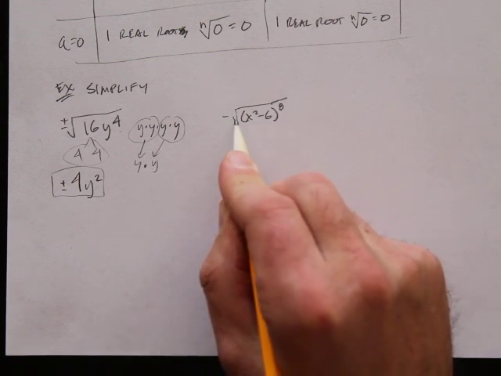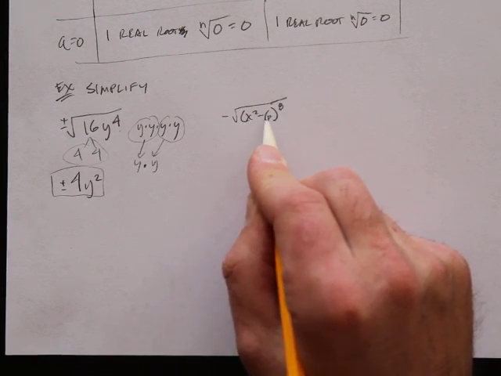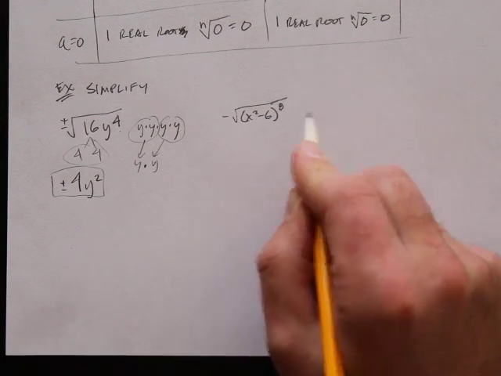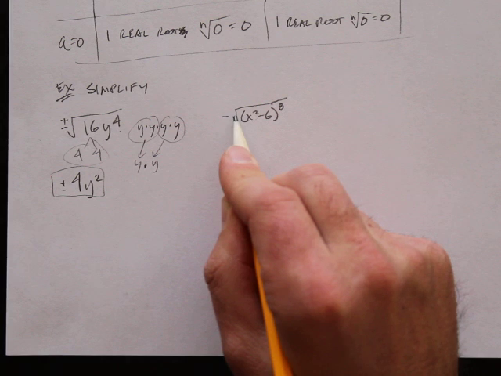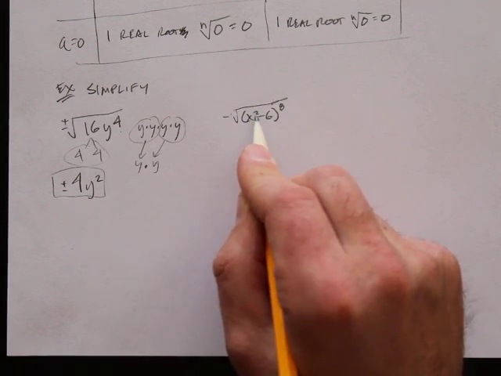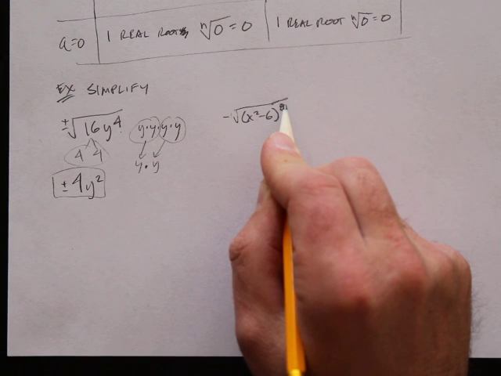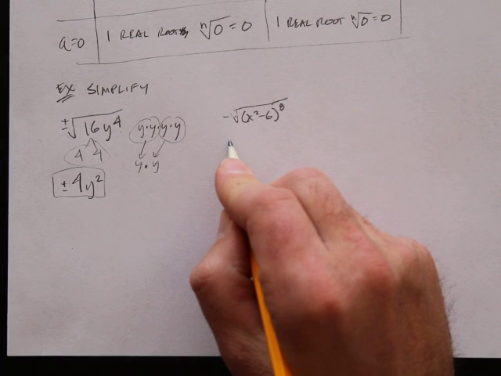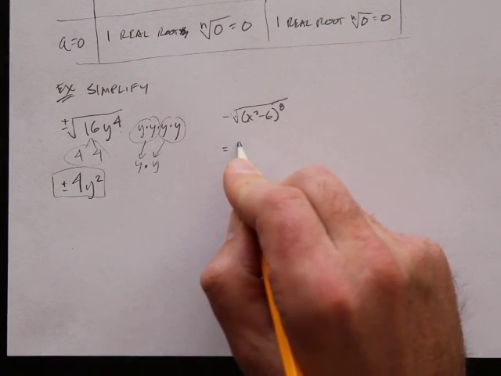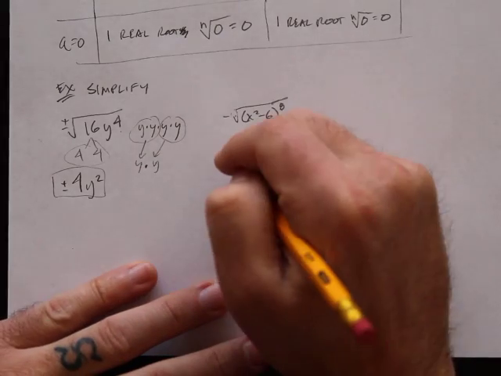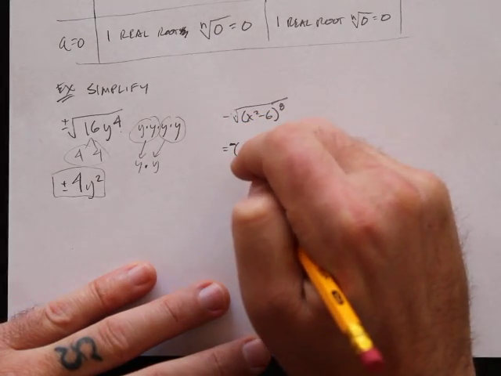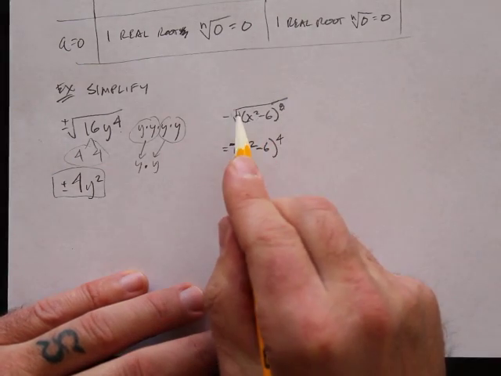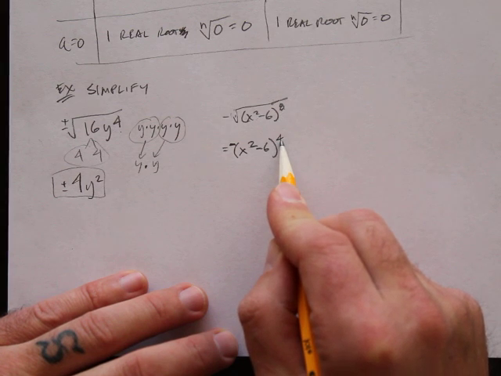I could rewrite this as 8 of these, x squared minus 6, and circle every 2, or I can just say this is the square root of x squared minus 6 to the 8th power, and I can say 8 divided by 2, because this is the square root, and I end up with a negative x squared minus 6 to the 4th power. So the 8 divided by 2 equals 4.